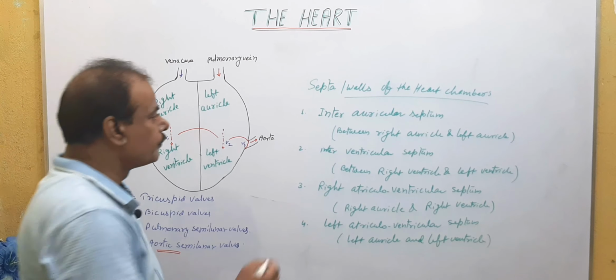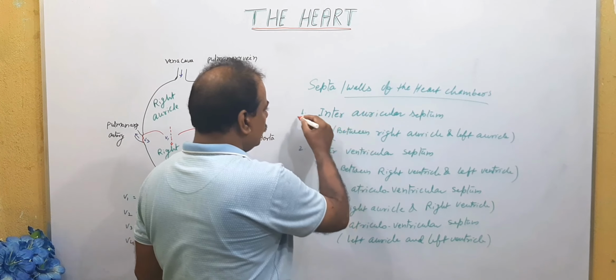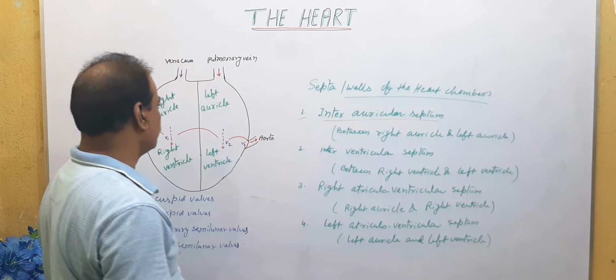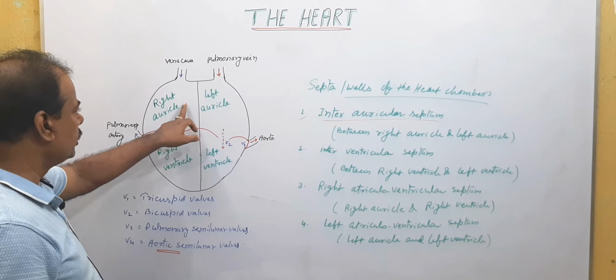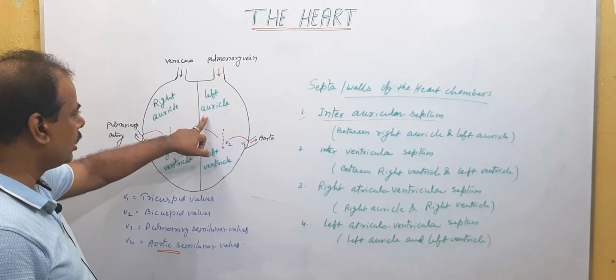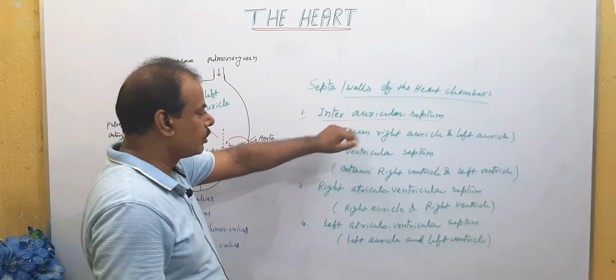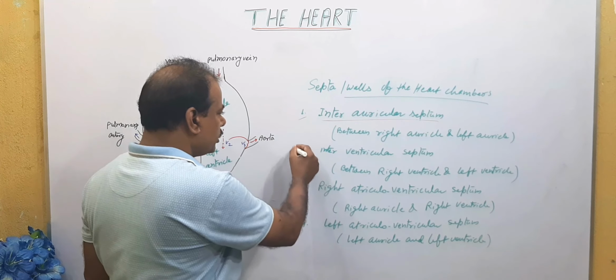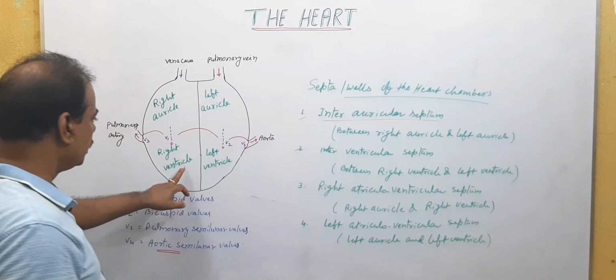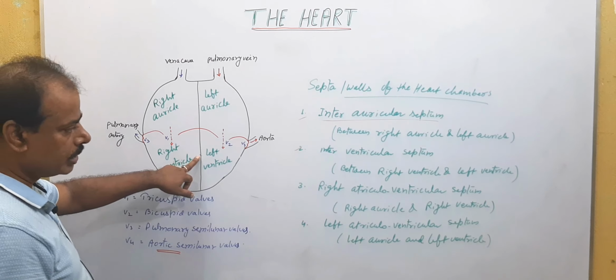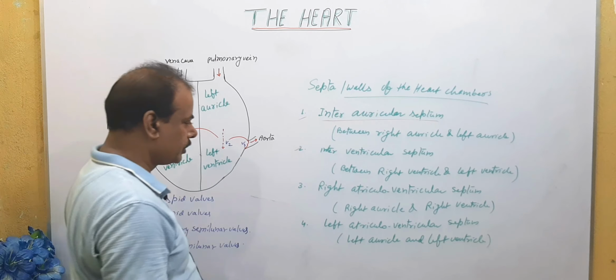Once again, here interauricular septum. Between 2 auricles, right and left auricle, this wall is known as interauricular septum. Interventricular septum. Here it is right ventricle, left ventricle. Between these two, the wall is known as interventricular septum.